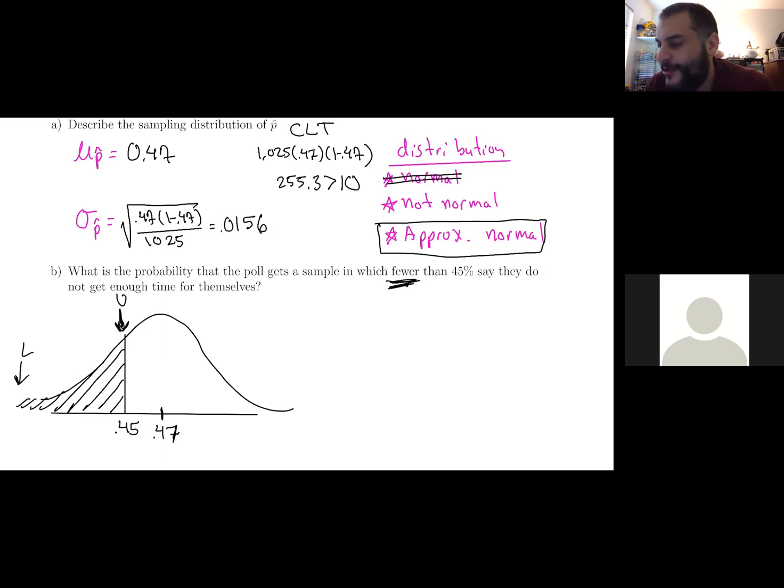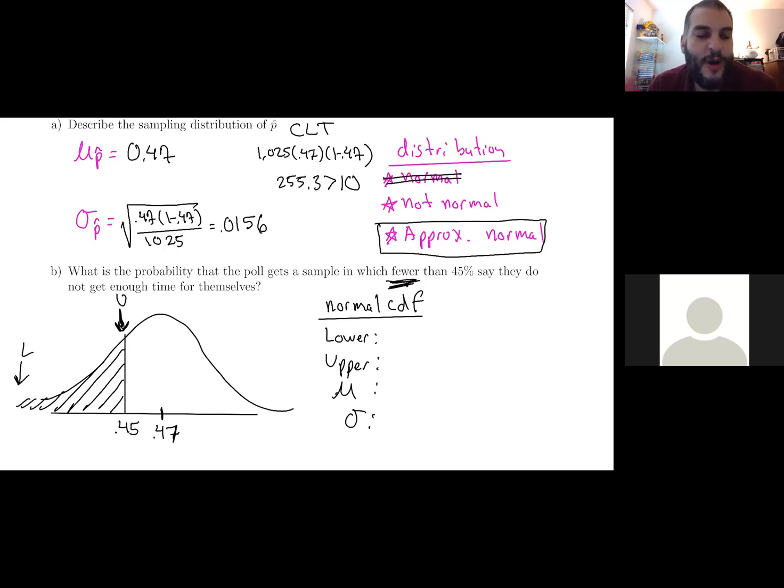So let's go ahead and do normal CDF. We're gonna put the lower, we're gonna put the upper, we're gonna tell it what mu is, and we're also gonna tell it what sigma is equal to. For the lower, since you keep going to the left-hand side, we're gonna say negative infinity, which we're gonna put as negative 10 to the 10 power.